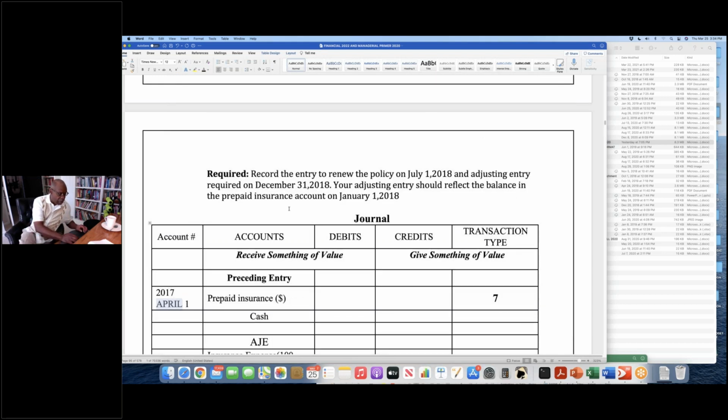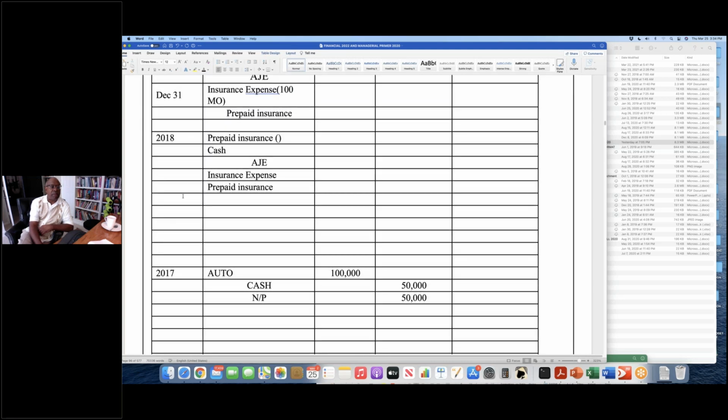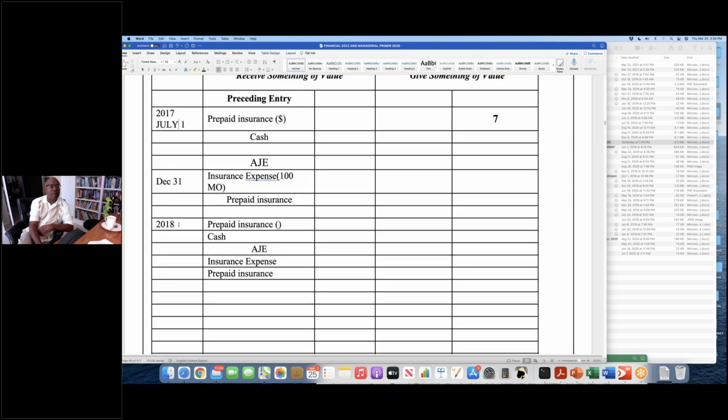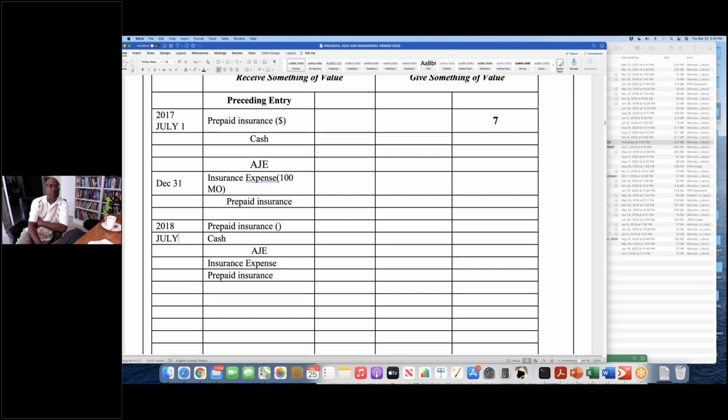So now we're July 1 in 2017. Then the December 31st. So now we're at July when you buy some more insurance. See if you can calculate the amounts that go in these journal entries.